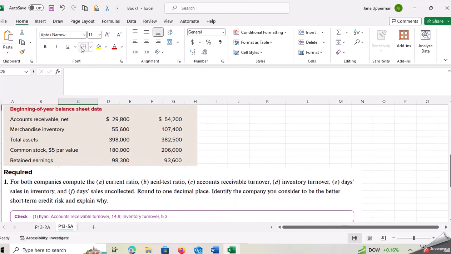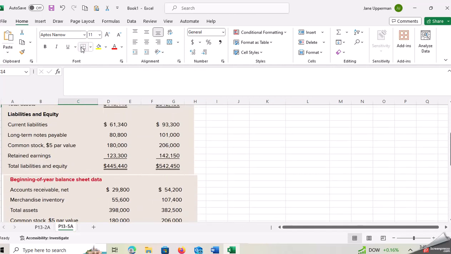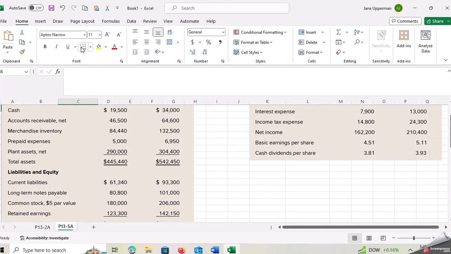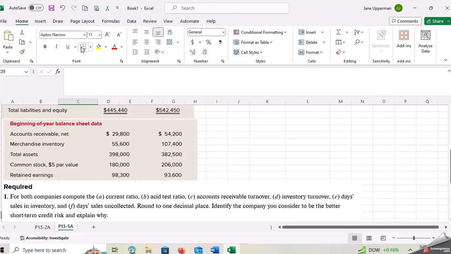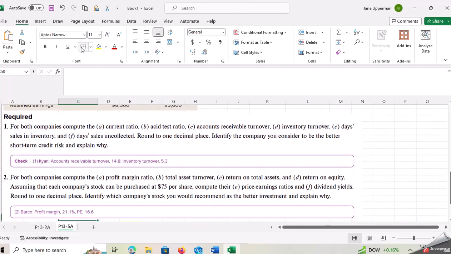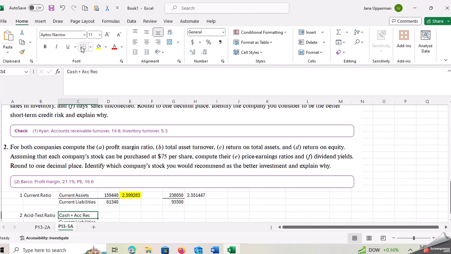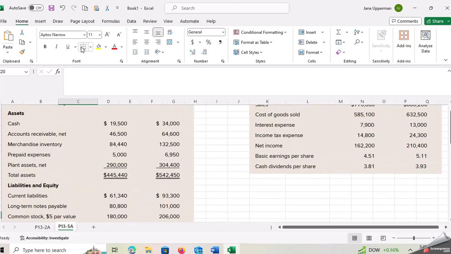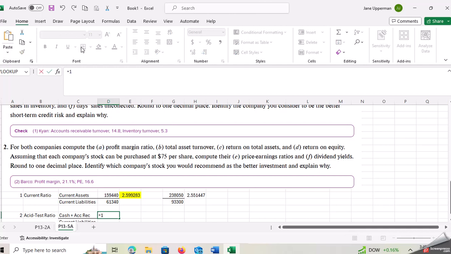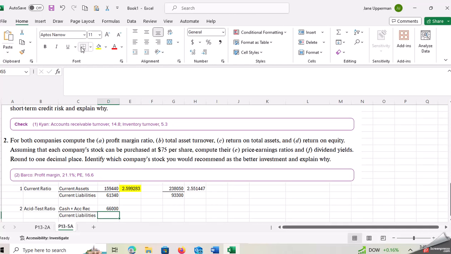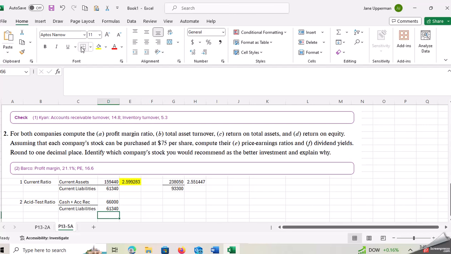For the first company, cash and accounts receivable are 19,500 and 46,500. So 66,000 total, and our liabilities are still the same, 61,340.